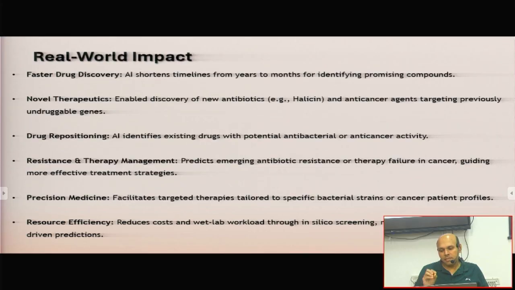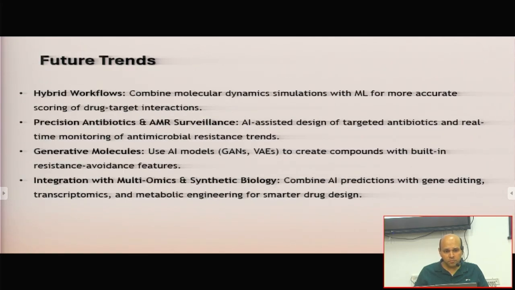Precision medicine is nothing but tailored. It is tailored to that specific disease. That is called precision medicine. And then resource efficiency to reduce cost and wet lab workload through in silico screening and multiomics analysis, AI driven predictions.